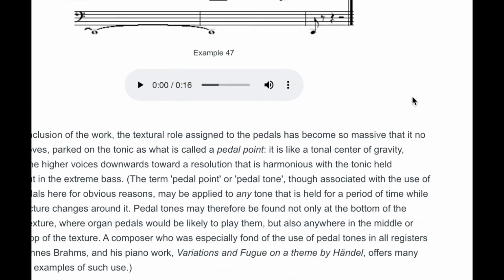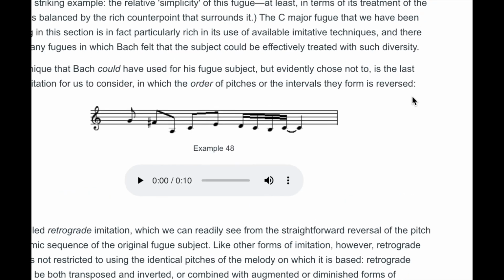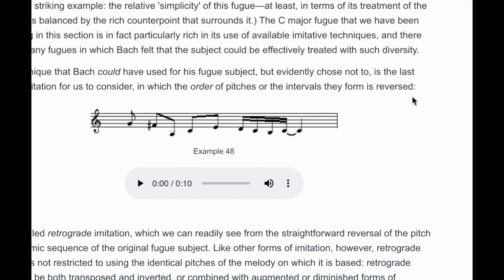We do not have in this particular fugue an example of the fugue subject being given in retrograde. If we look at this melody, if I were to start there and play it backwards, well, you can see that this is just a backwards version of my original fugue theme.